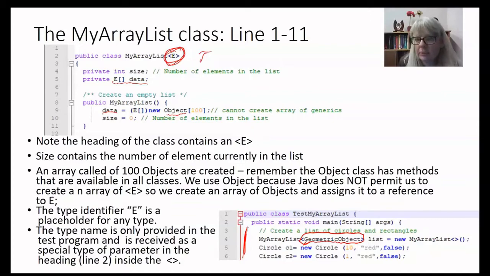So here it comes again. We are not able to create new objects of the type E in an array. Java does not permit that. So the workaround is to create objects of the object type and assign to a variable which we declare as if it's an array of E. It's just a workaround around something that Java does not permit.